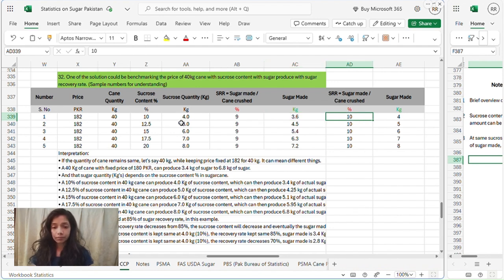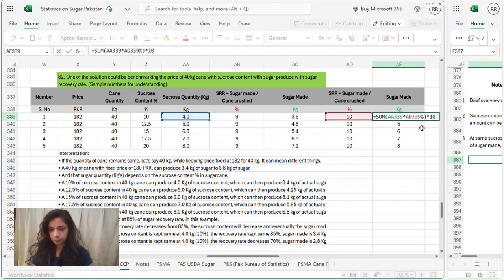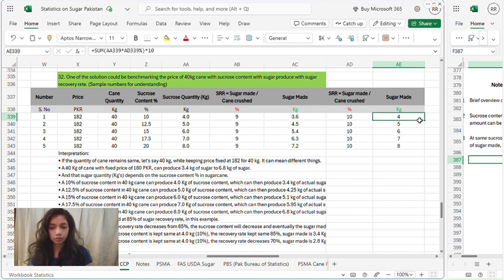This is if every number here is kept the same: price, cane quantity, sucrose content, and the sucrose quantity in kgs. But if we just change the number from 9 to 10, we are going to get a different amount of sugar here. So if we multiply 10% of sugar recovery rate with the 4 kg of sucrose content, we are going to get 4 kg of sugar.